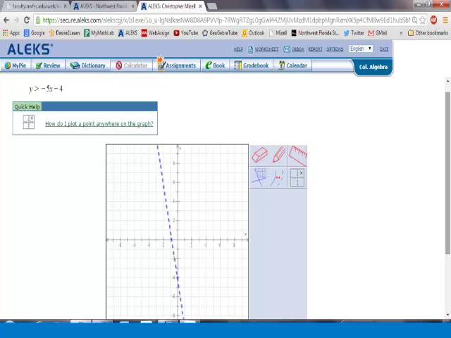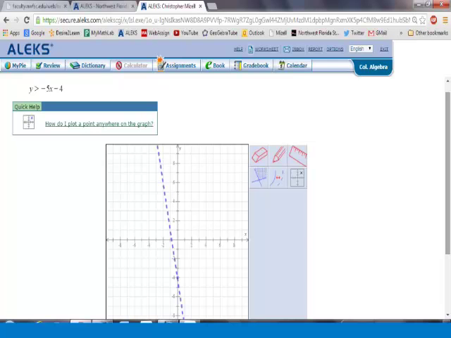But if it's in slope-intercept form, you can actually trust the direction the inequality symbol is pointing. If it is a greater than, it actually is above the line without having to choose a test point. If it's a less than or equal to, it actually is below the line.